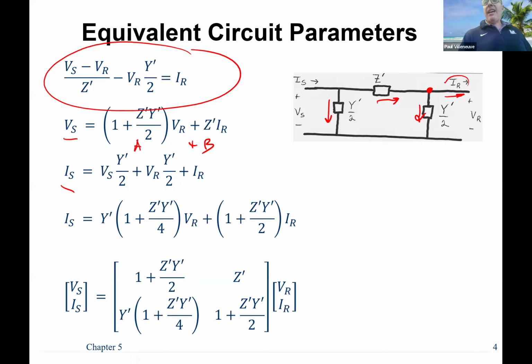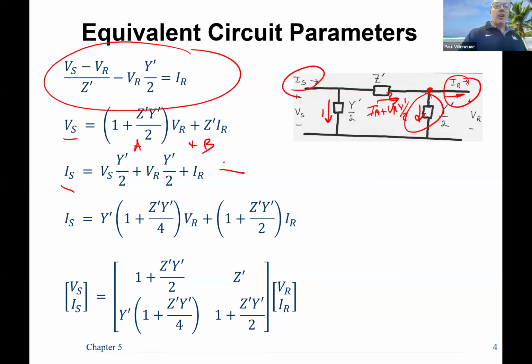Well, I see that I have IR over here, and I see that I have another current, VR times Y prime over 2. So those two currents, isn't that the current out of that node? So IS, the current into the node, is equal to this current, call it current 1, plus that current 2.